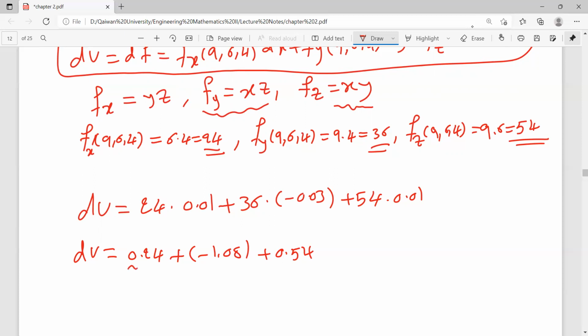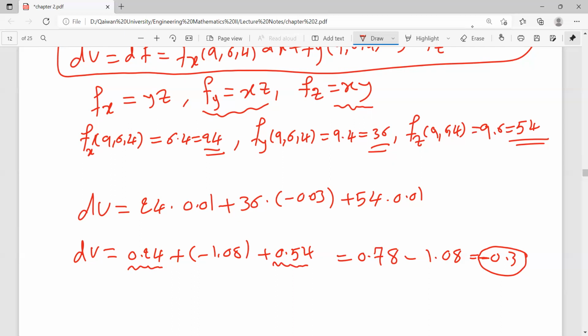Here we have 0.24 plus 0.54, which is 0.78. It is 0.78 minus 1.08, which is minus 0.3. So the change in the volume is minus 0.3. That means the volume is reduced by 0.3.